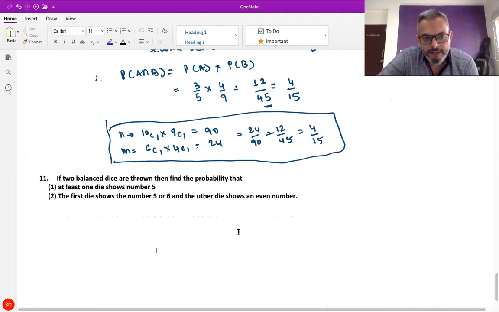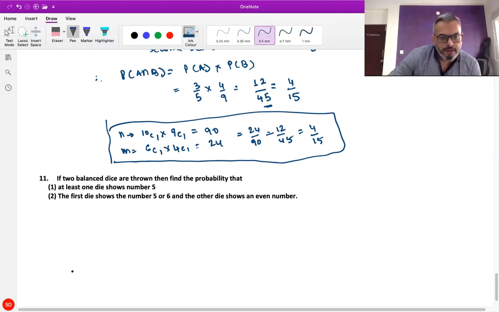And second, the first die shows the number 5 or 6, यानी पहला जो डाइस है वो 5 या 6 दिखाएगा, and other should show an even number.